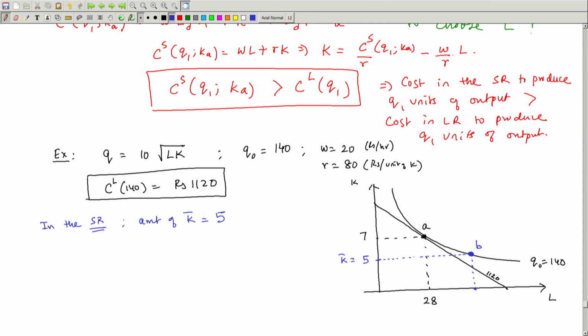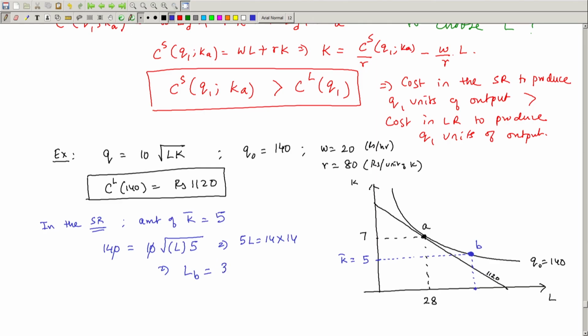So let's solve for the amount of labor that the firm is going to use. Now how do I solve for it? Given that the production function is Q equals 10 times square root of LK, you want me to produce 140 units of output. That's 10 times square root of LK. L is the amount of labor that I am using, and K bar is fixed at 5. So this essentially means that 5L is 14 times 14, which means that the L at B is 14 squared divided by 5.